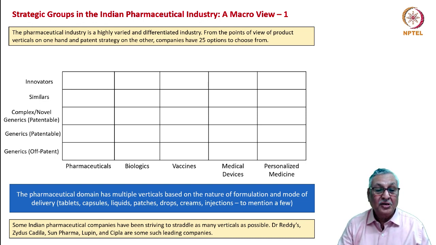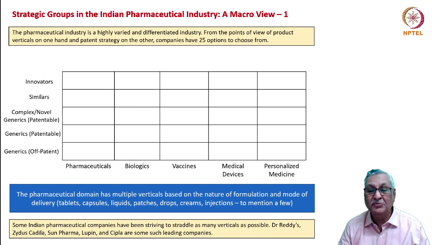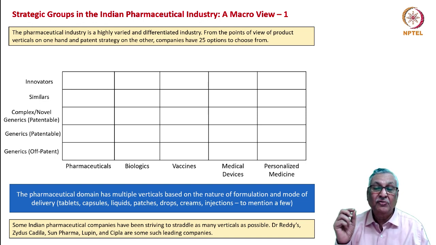The pharmaceutical domain, in addition, has a number of formulations and modes of delivery: tablets, capsules, liquids, patches, drops, creams, injections, just to mention a few. So how do we straddle these structural groups and strategic groups? Will we be trying to do it randomly, or will we have some methodology and logic?